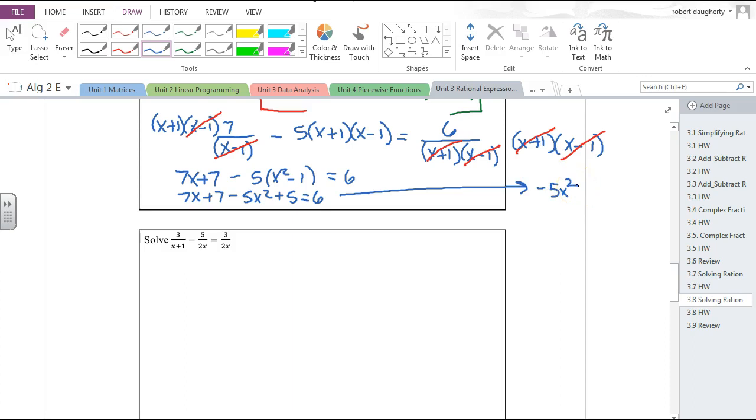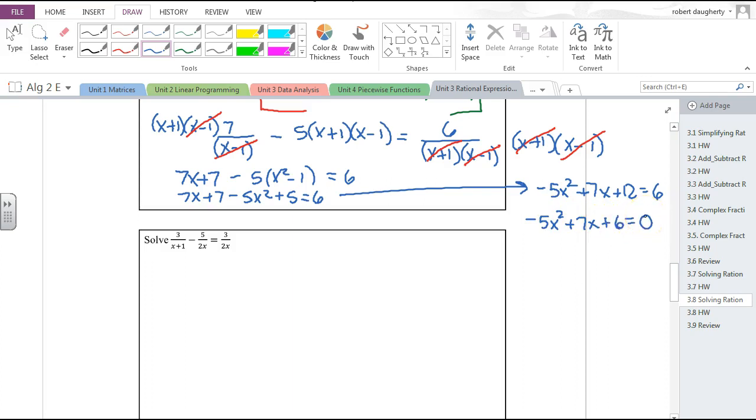Let's see, I can combine the 7 and the 5, that's 12. So then I'm going to have plus 7x plus 12 equals 6. I can subtract 6 from both sides. Negative 5x squared plus 7x plus 6 equals 0.